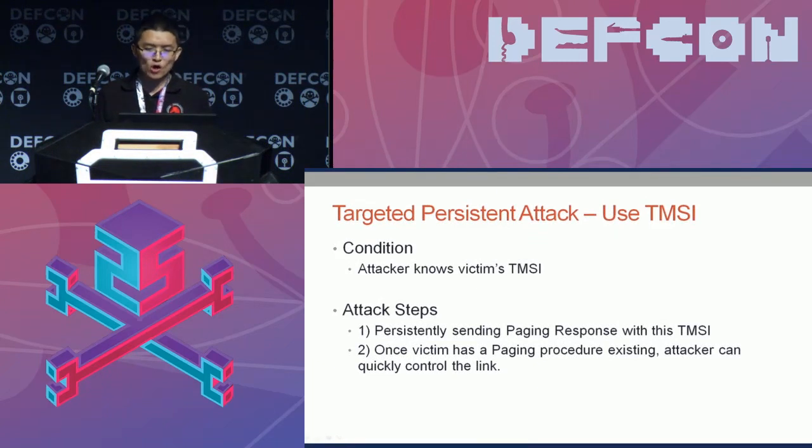Once there is a call to the victim, the call procedure will set up. We can directly take over this procedure because we can respond to paging requests quicker than the victim. That also means we successfully perform a targeted attack.